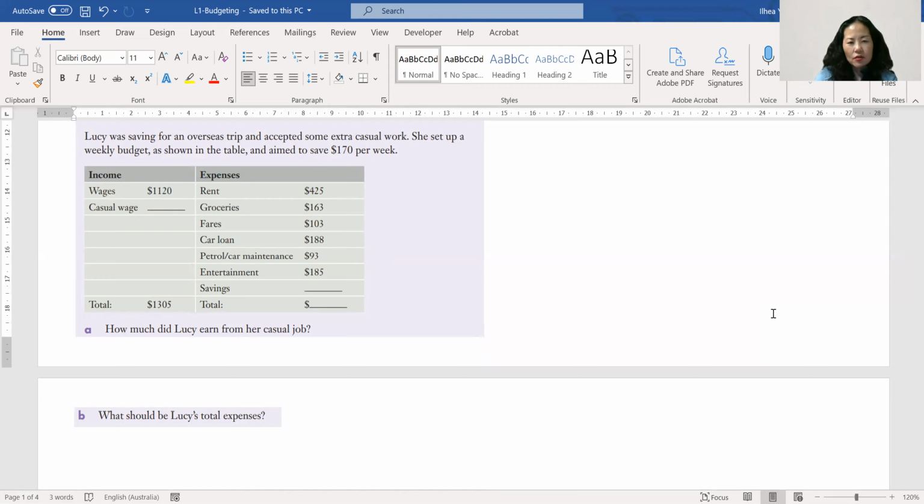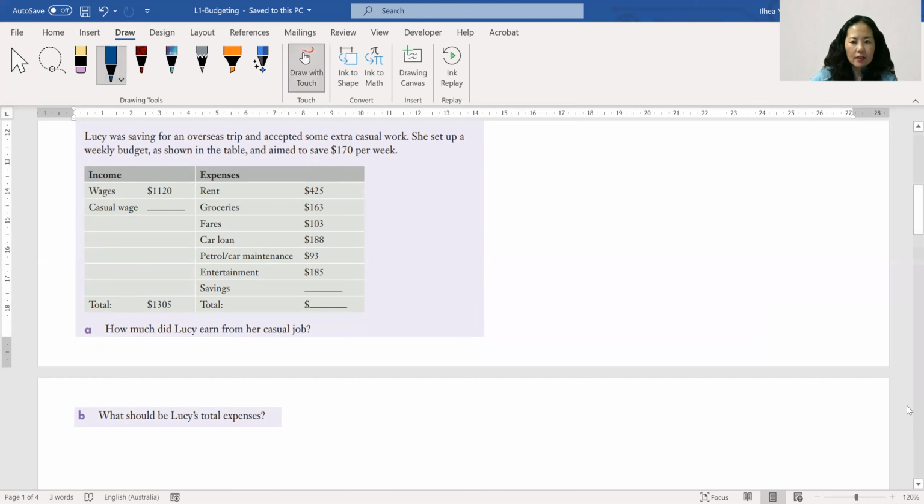Now, there's no information about how much she earns from casual work, but if you look at the income column, we have wages of 1,120, and we don't know the casual wage. But if you look at the total she's earning, we've got $1,305. So we know that the casual wage will be part of that 1,305. So I'm going to calculate this.